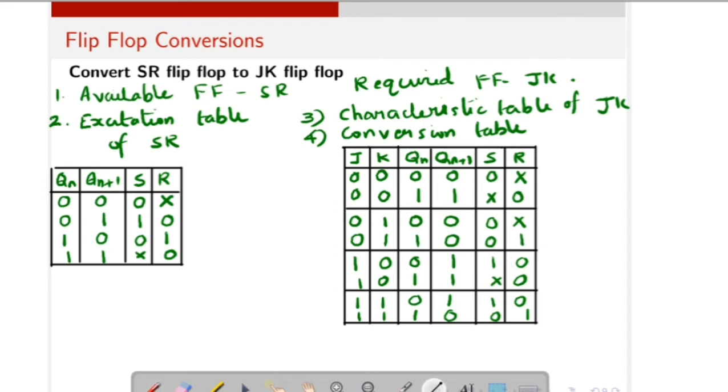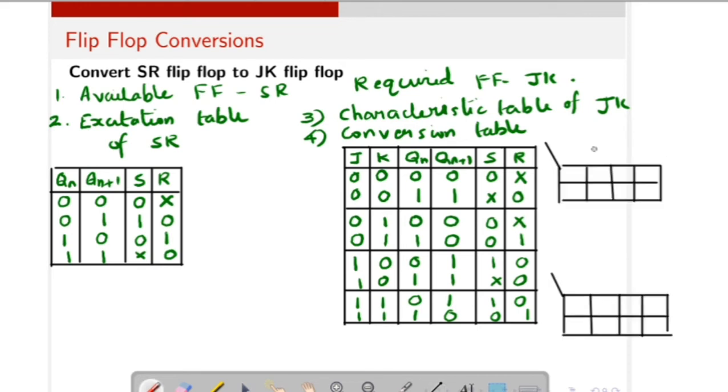Right? So next we have to find the Boolean expression for S and R. The inputs are J, K and Qn, so we have to draw a 3 variable K-map.